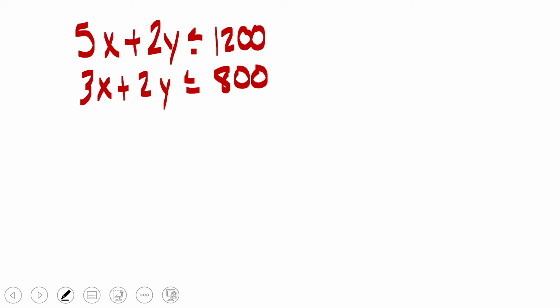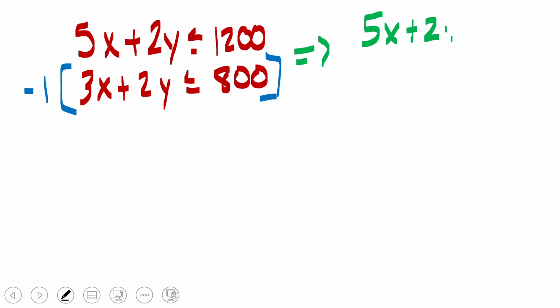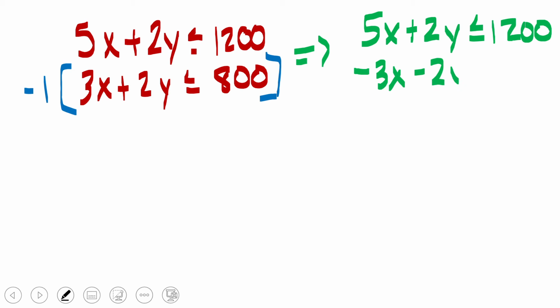And it works out very nicely to multiply this by a -1 all the way across. And we'll get 5x plus 2y is less than or equal to 1200. And then we'll have a -3x minus 2y is less than or equal to -800.